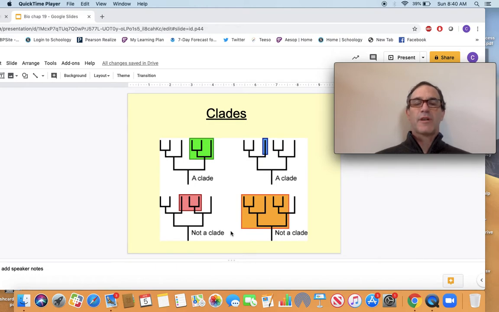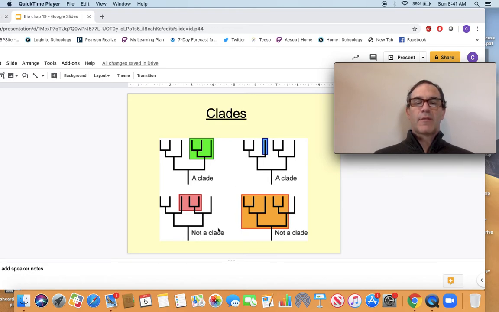So here's a couple generic examples of clades. This first one here in green is a clade, because notice it includes all of the organisms that came from this common ancestor here. Here's our common ancestor. That's what we call a branching point or a node. This clade also, a smaller one, has just this branch. That's a true clade.